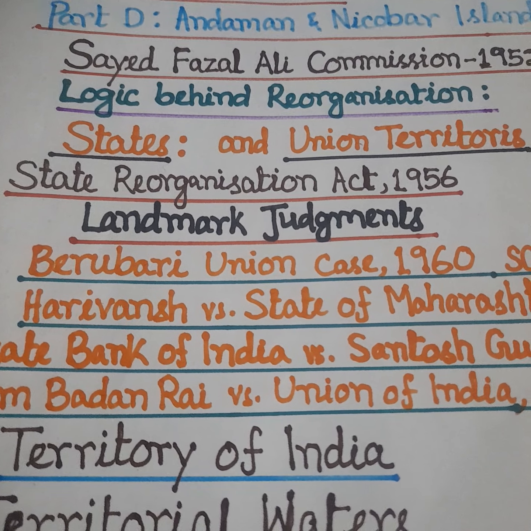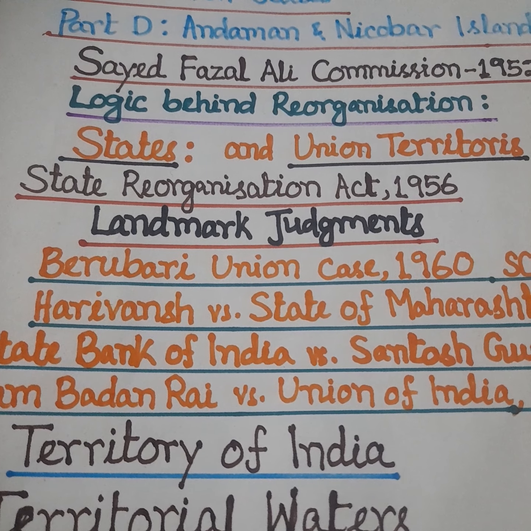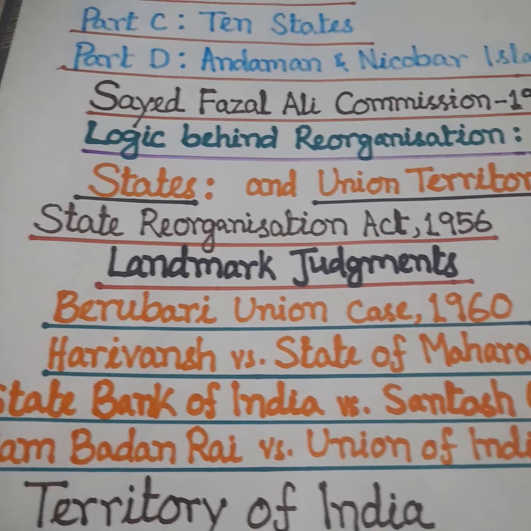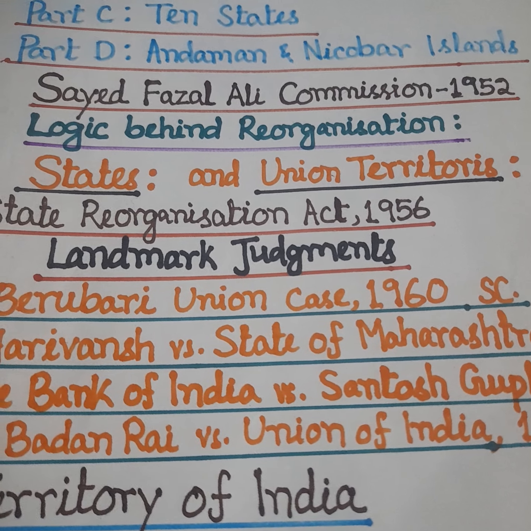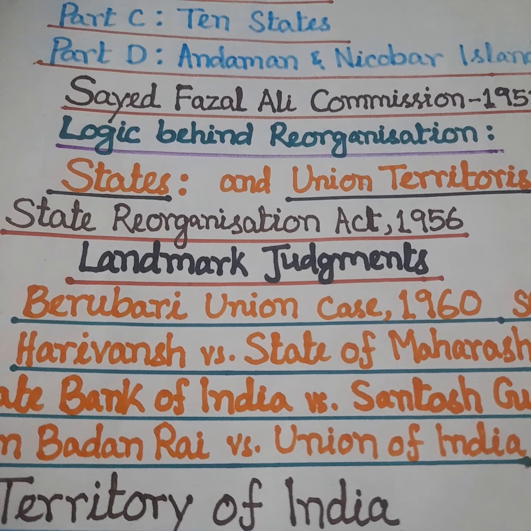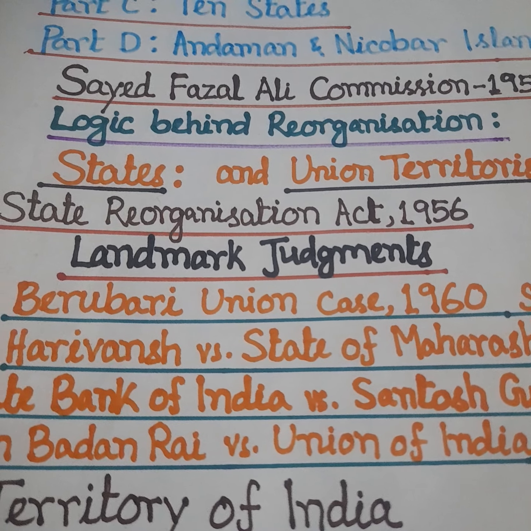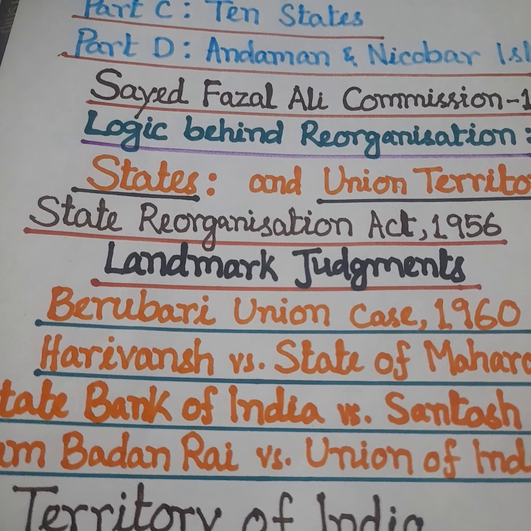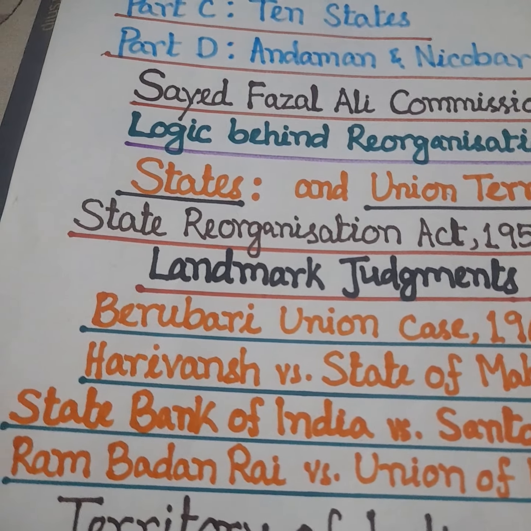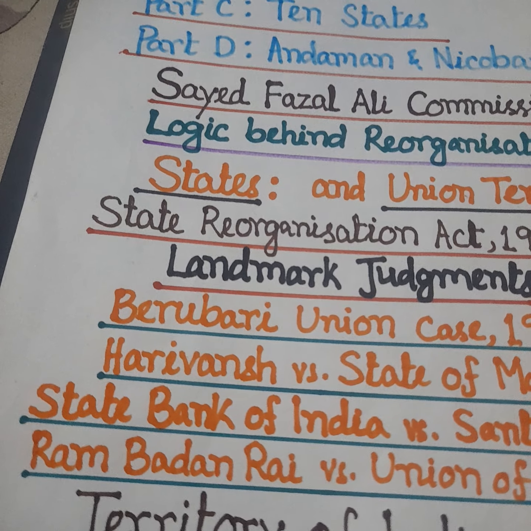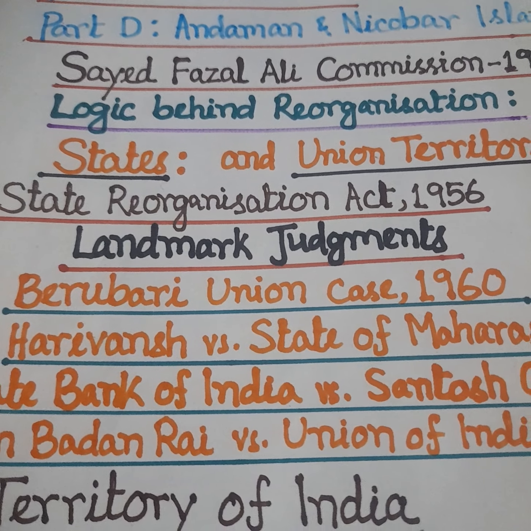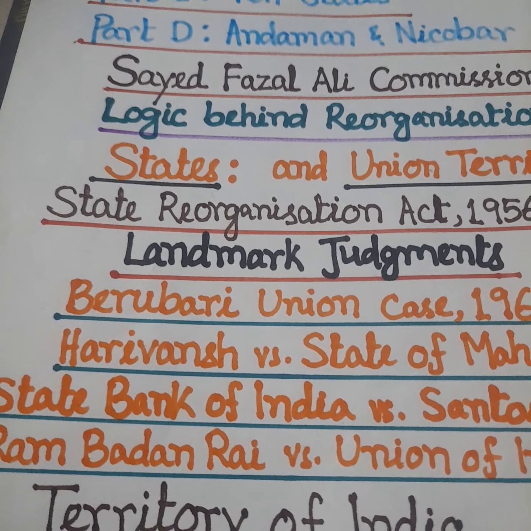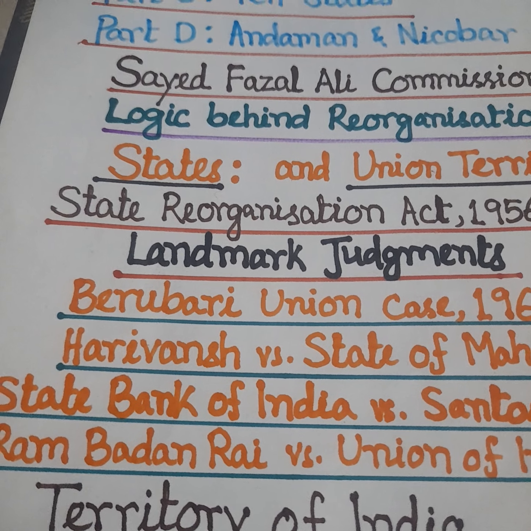The next important article is Article 4, relating to the Union and its territory, which provides that laws made under Articles 2 and 3 of this Constitution provide for amendment of the First and the Fourth Schedule and supplemental, incidental, and consequential matters.